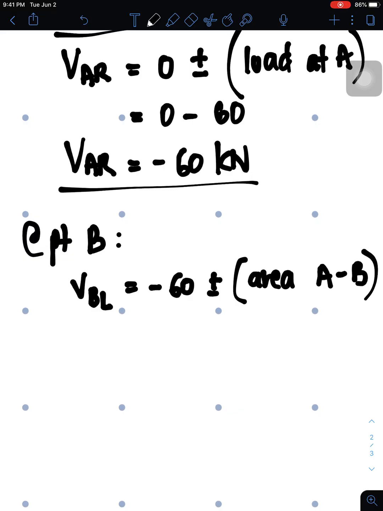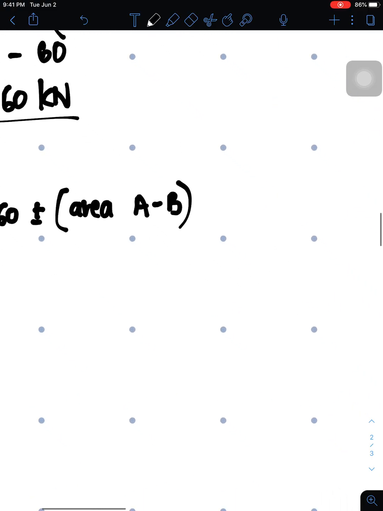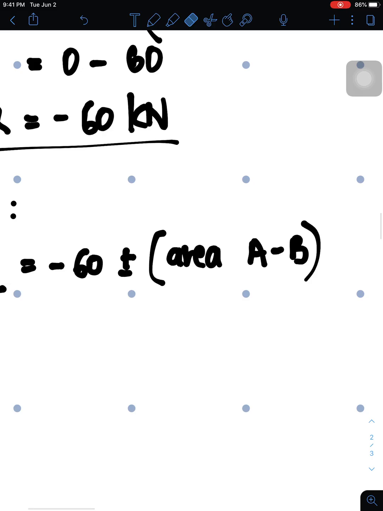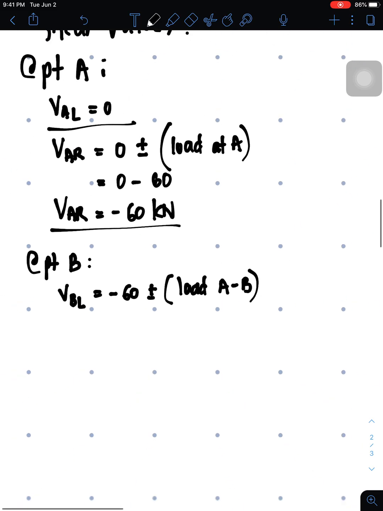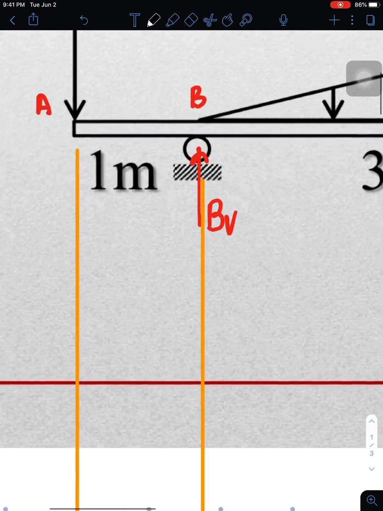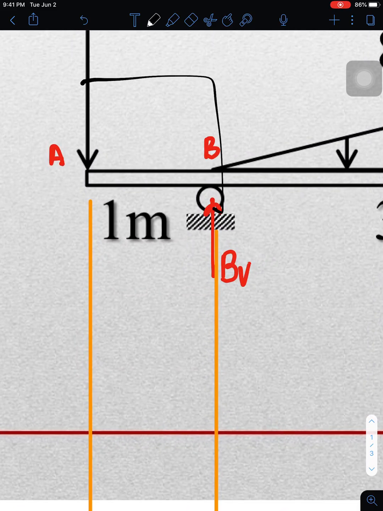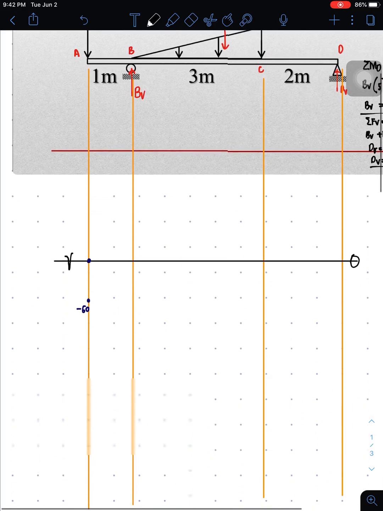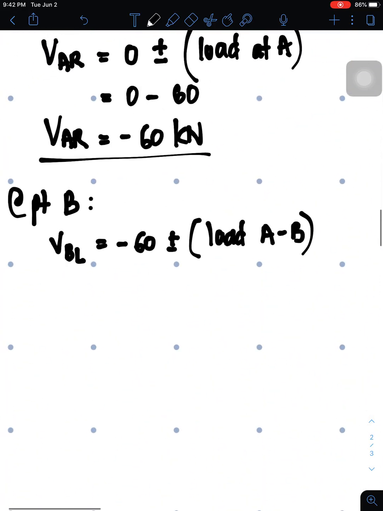Okay, so from A to B. I'll just name this one as load. Load from A to B. So the load from A to B is 0. There is no load. So this is just negative 60 plus 0.